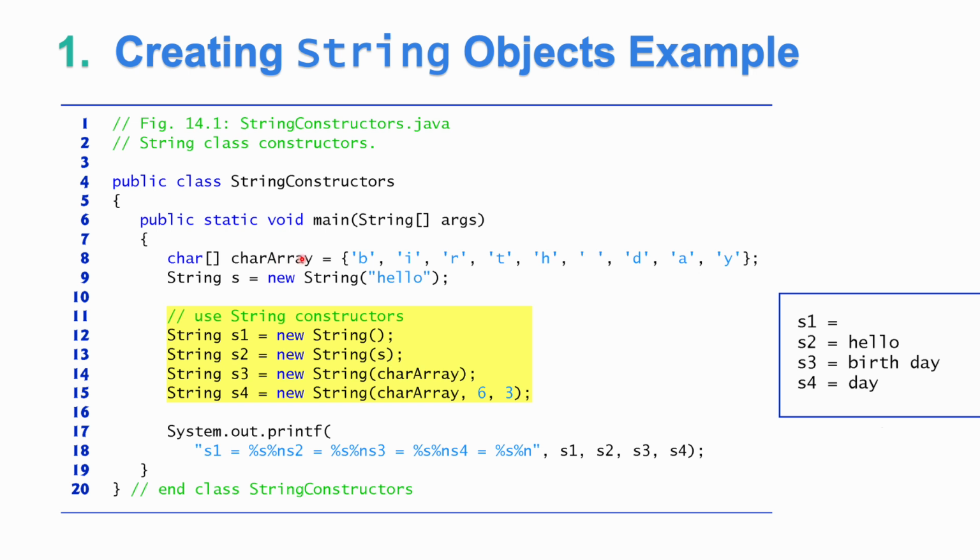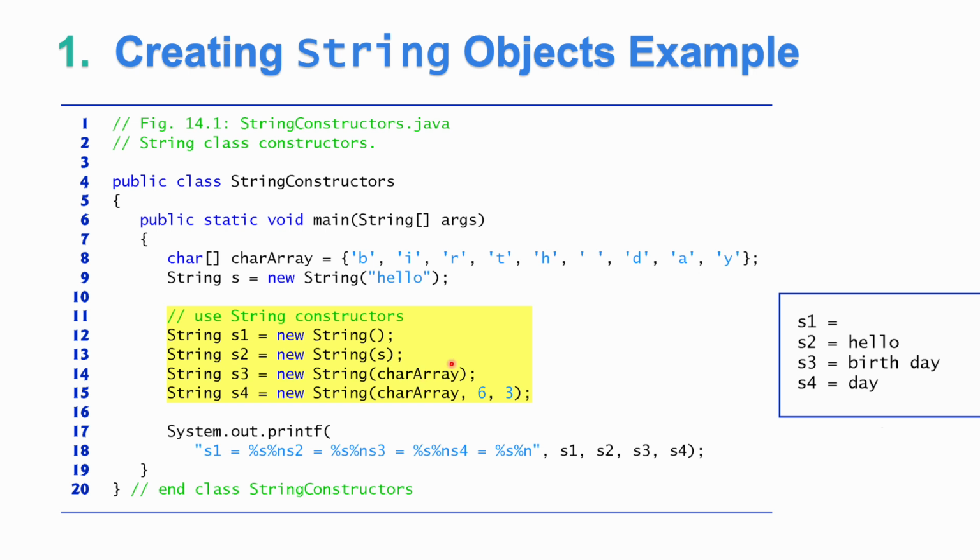The entire char array is copied to s3. So the content of the string s3 is the string birthday, as shown in this output.